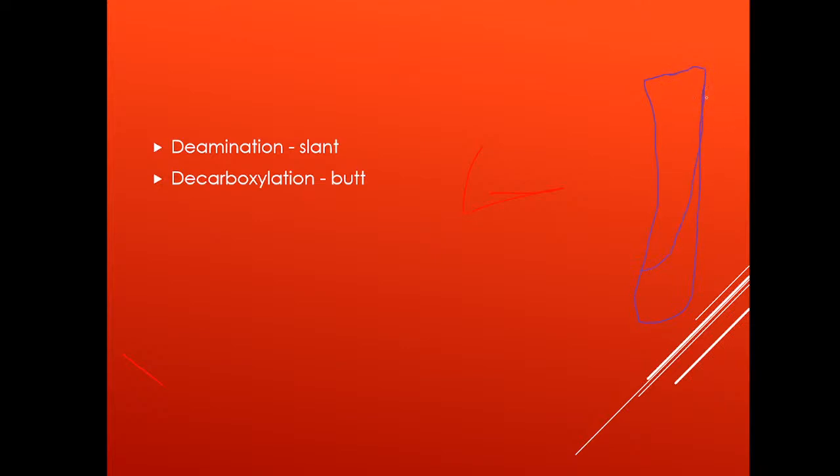So deamination is detected here, that is the slant. The butt is this one. Just imagine this is a correctly formed test tube. So deamination is detected in the slant, decarboxylation is detected in the butt. All right? So butt means puwet, kumbaga.